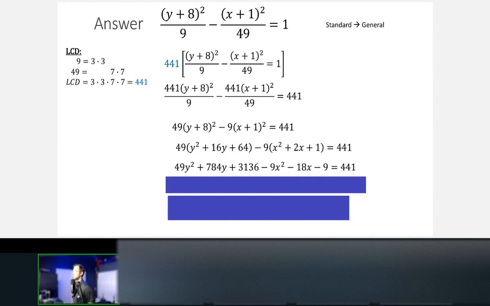So in general form, yeah, Brady's correct. We want to have x squared first, then y squared, then your x term, then your y term, then your constant equals 0. That is general form.